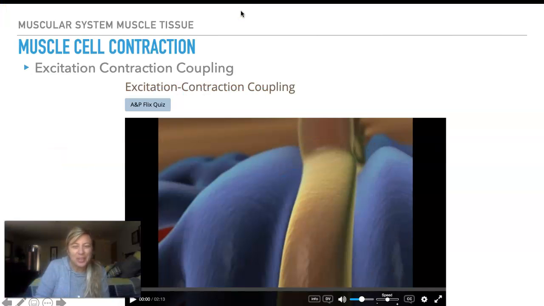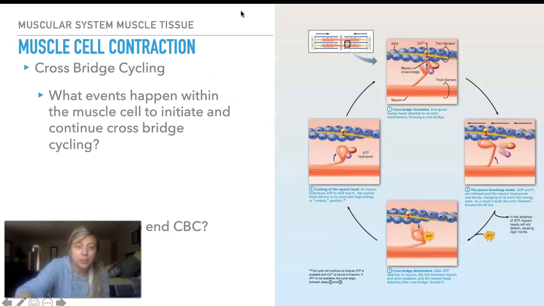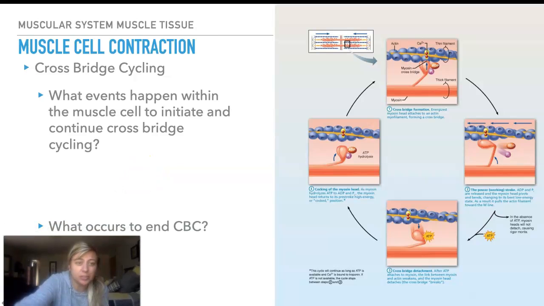Okay, so in that clip, we looked at the connection between how that action potential from the nerve continues down the muscle cell, right, and is going to stimulate the last part, which is going to produce the actual contraction of the muscle cell. So the last section of this is called cross-bridge cycling.